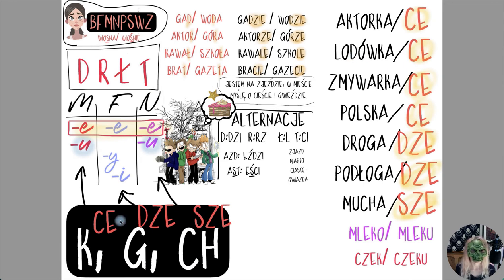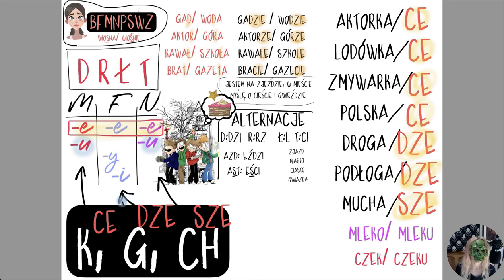And this will be the case. These alternations, c, z, and sz, will be applied to those feminine nouns, so that's why we've got it here, feminine nouns.